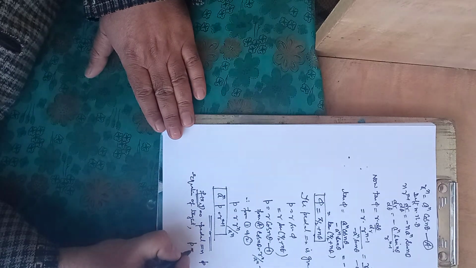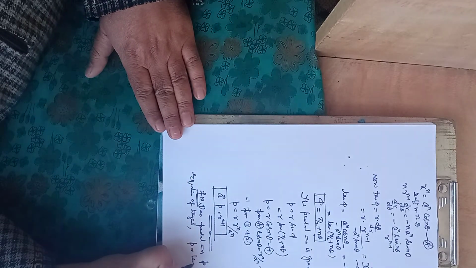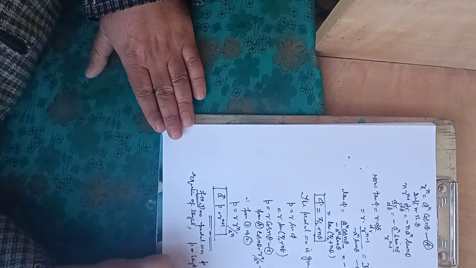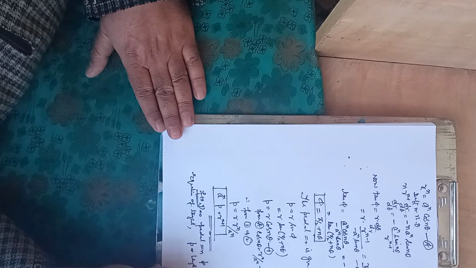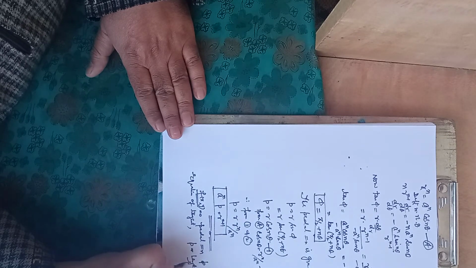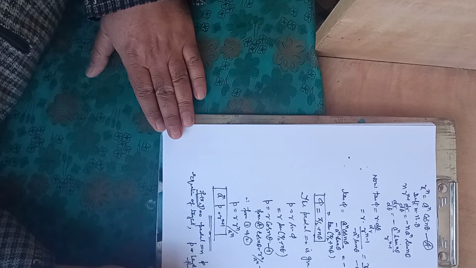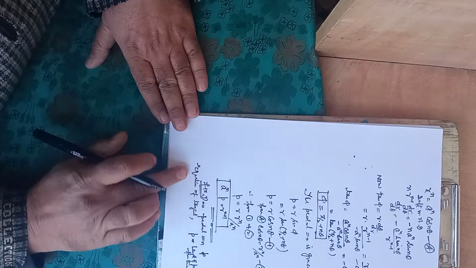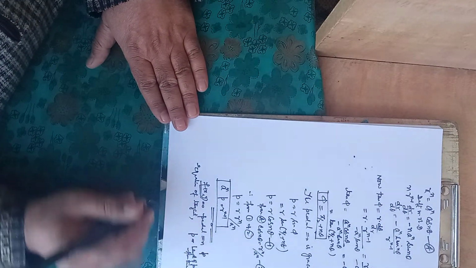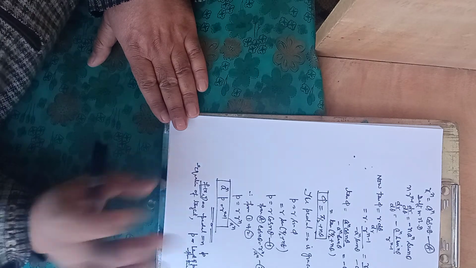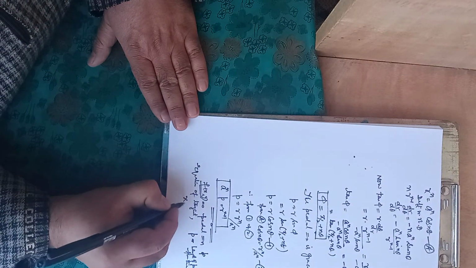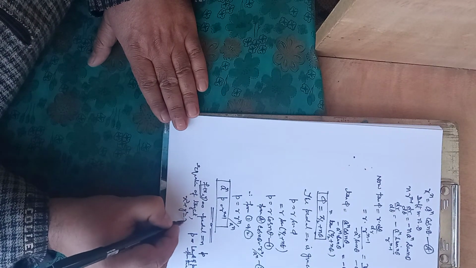Then when the equation of the tangent is there, you need to find p. What is p? p is the length of the perpendicular from the origin. You have already done it in your 12th. You know this. When you know p, then you have to introduce r. For r, x square plus y square is r square.